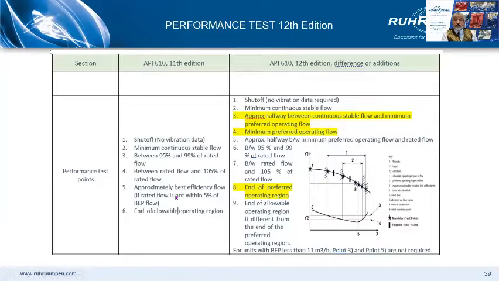These 3 additional testing points are likely to have a price implication for you. It's going to take longer to test, and on smaller pumps, some of these test points are going to be on top of each other.